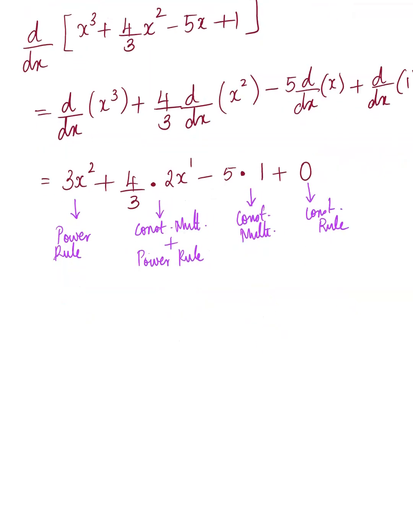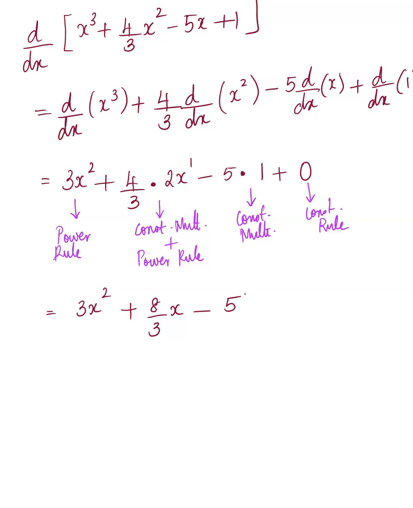So we used, in some cases, specific rules. In some cases, we did a combination of rules. Nevertheless, we want to get this expression derived. And so that's going to be 3x squared plus 4 times 2, 8 over 3x minus 5. There is 0 not included in this.